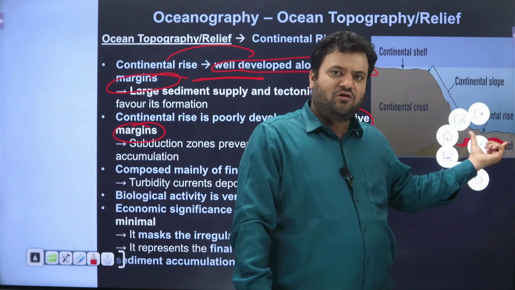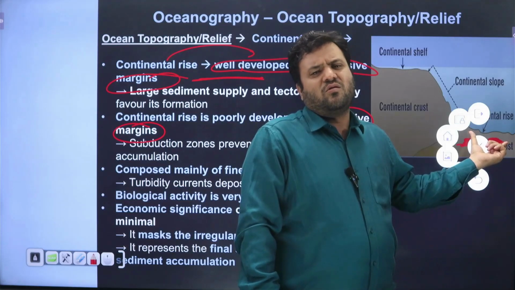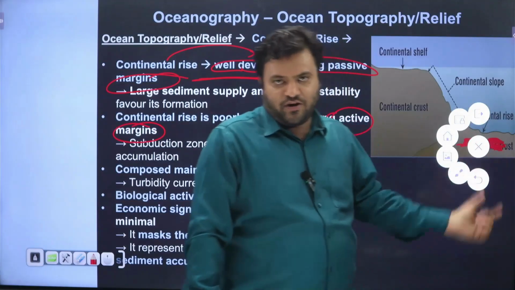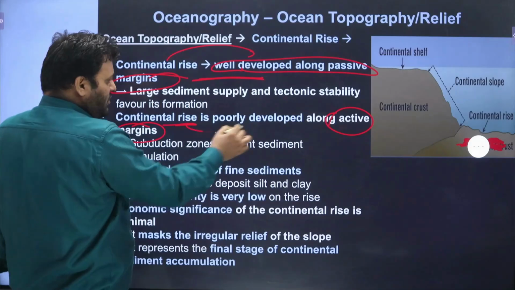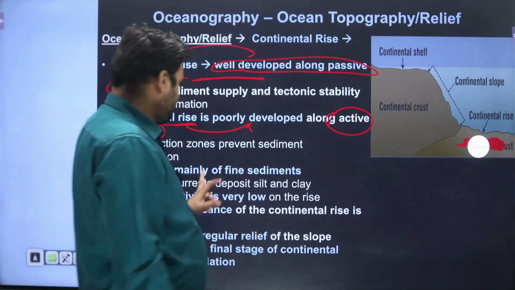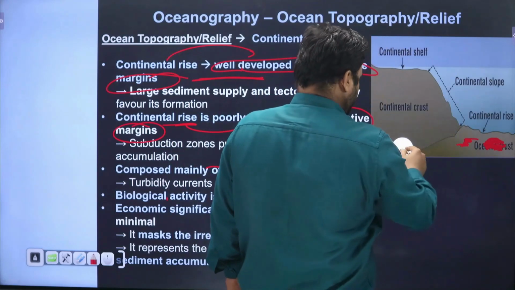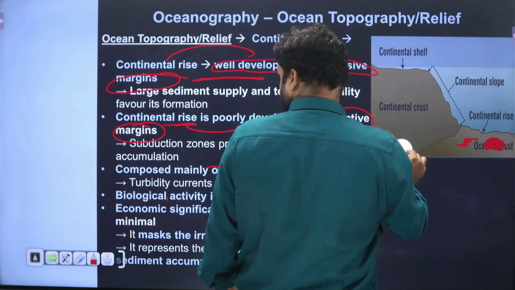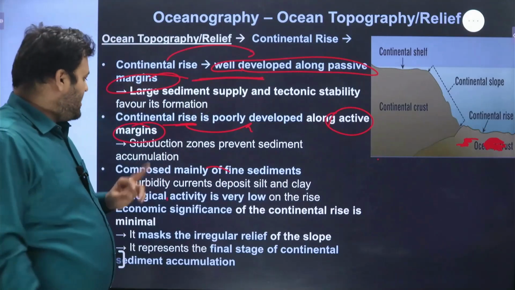Active means wherever you have a junction, a convergence of two plates. Passive means a region which is tectonically stable over a longer period of time. So the continental rise is basically poorly developed wherever you have an active margin.